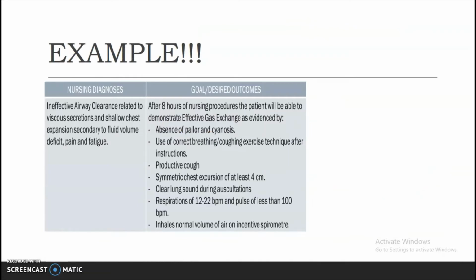Like for example, we have here a nursing diagnosis: ineffective airway clearance related to viscous secretions and shallow chest expansion secondary to fluid volume deficit, pain, and fatigue.